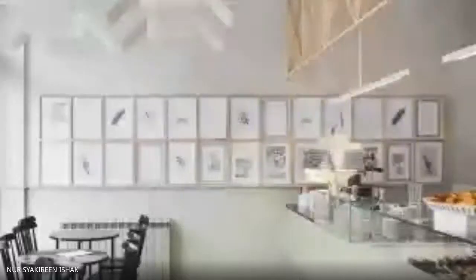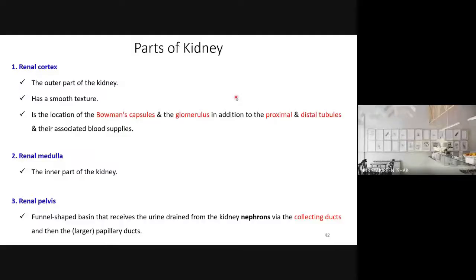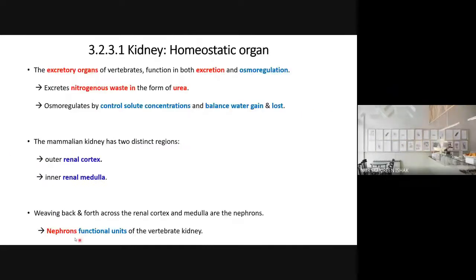The nephron actually consists of two main compartments. One is the tubules and the second is the blood vessels. Remember, the nephron consists of two major structures: the tubule, and the blood vessels that surround the tubule. The tubule will start with the Bowman capsule.